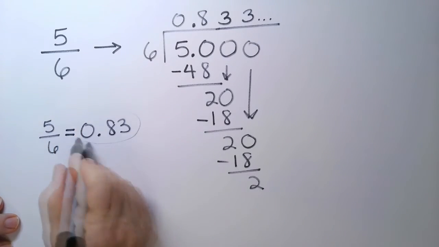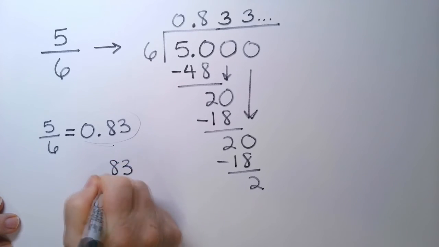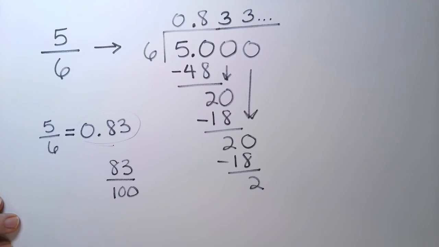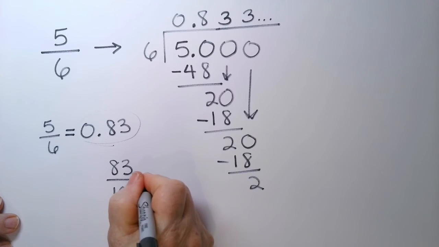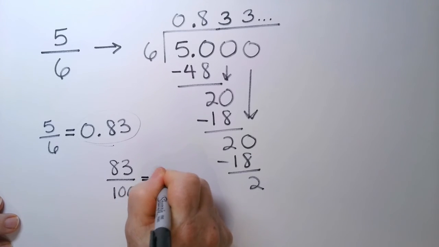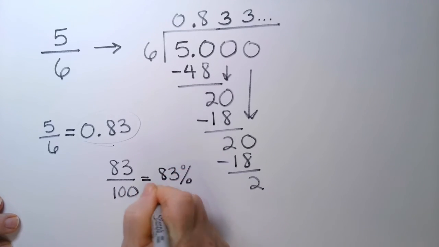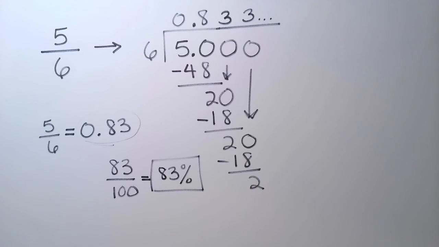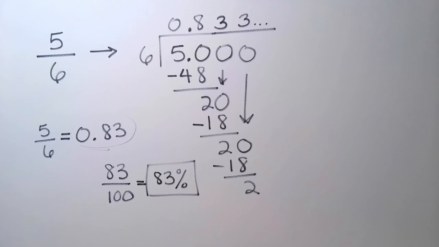So if we say this number out loud, that is 83 hundredths. Okay, because it's over 100, I can also say that is equal to 83%. And that's how we find percents of both fractions and decimals.